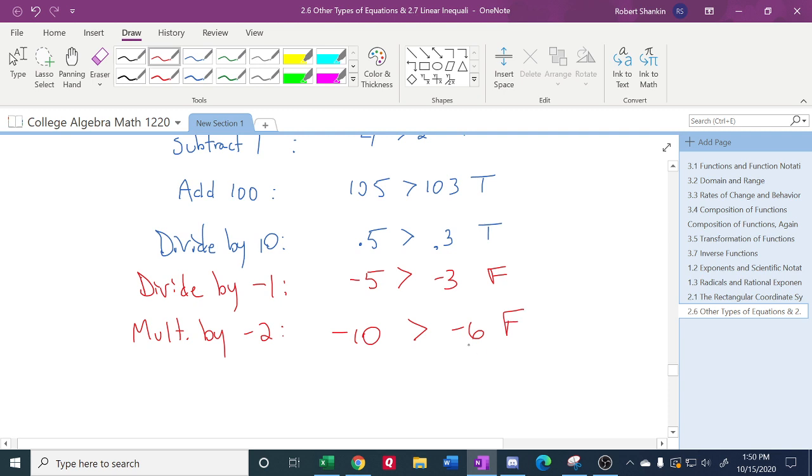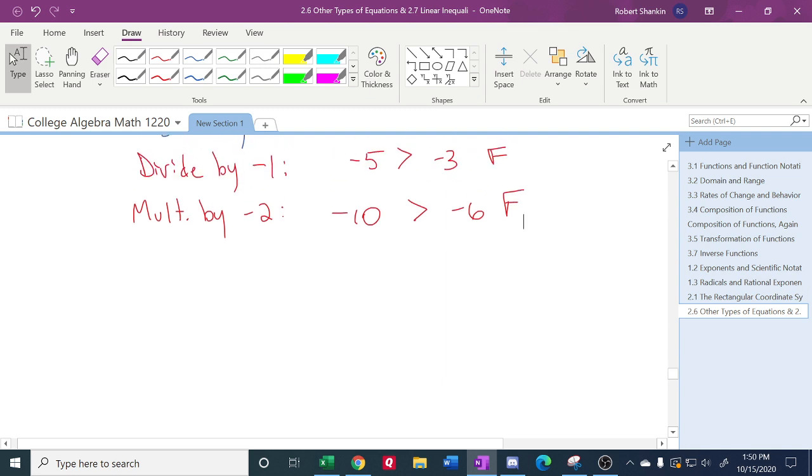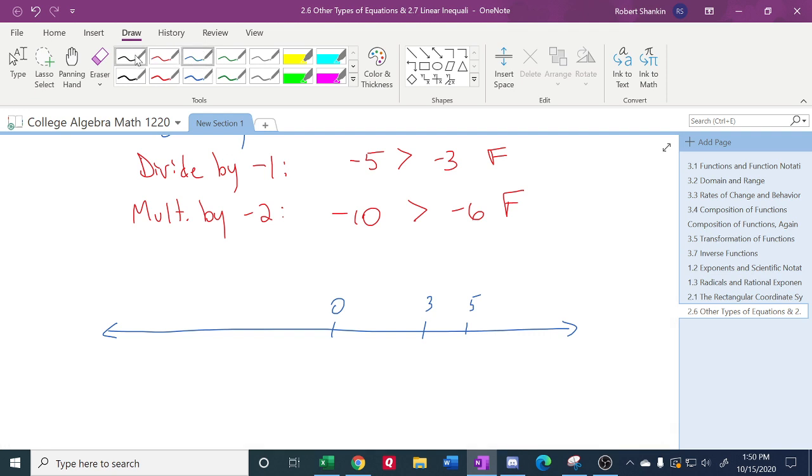Okay. And let's take a visual of this. Why is this the case? Let's look at a number line. Think of 3 as this arrow.